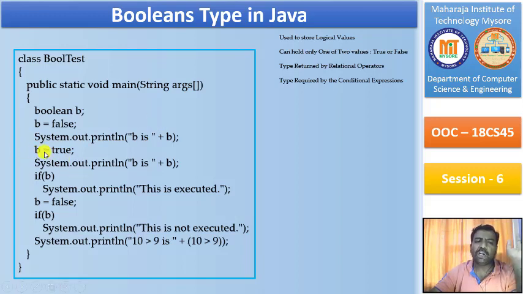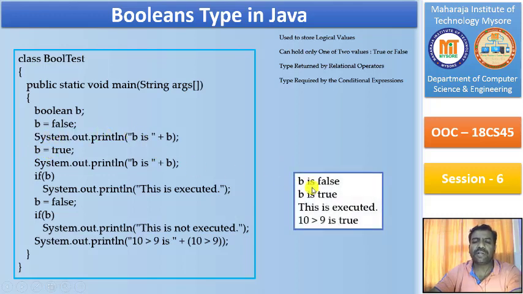So when I execute this I get the output as b is false. The false value is converted to a string and concatenated. Now I'm going to say b equals true, and again I'm printing the value of b as b is true. And if b, now what is the value of b? It is true.